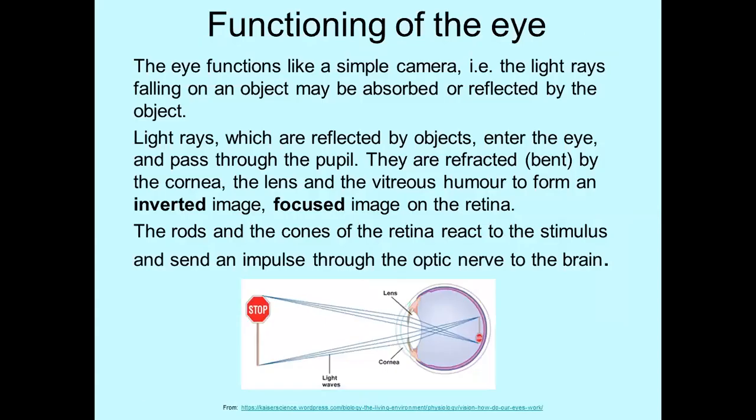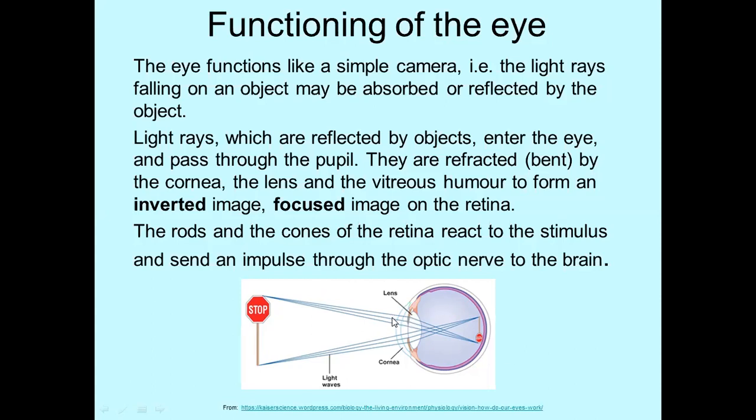Okay, so the important thing here, light rays hit an object. Some of those light rays are absorbed by the object, and some of the light rays are reflected by the object.